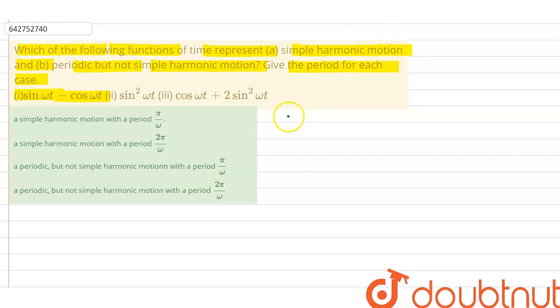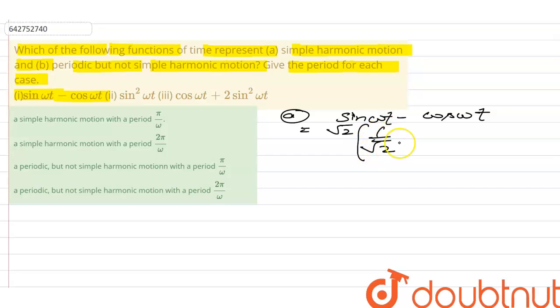First we'll deal with the first case, sin omega t minus cos omega t. Multiply and divide by root 2. This equation will become root 2 into the bracket 1 by root 2 sin omega t minus 1 by root 2 cos omega t.